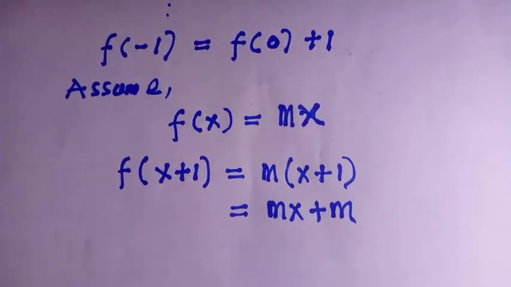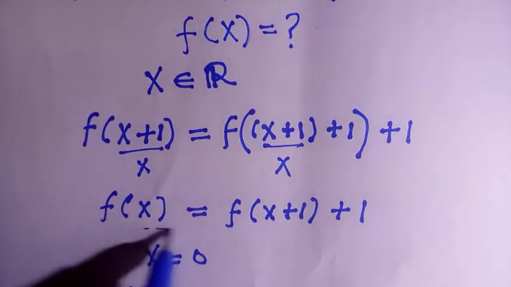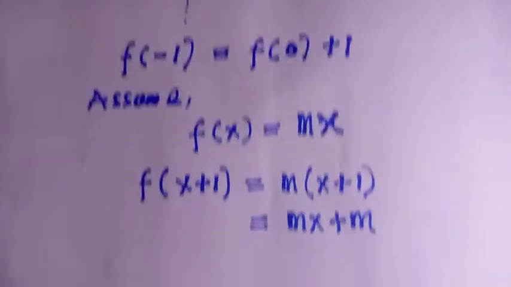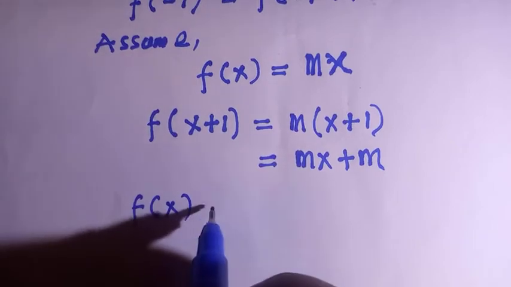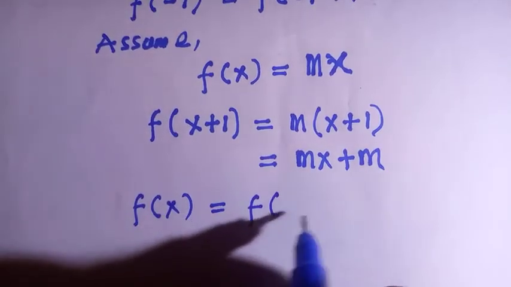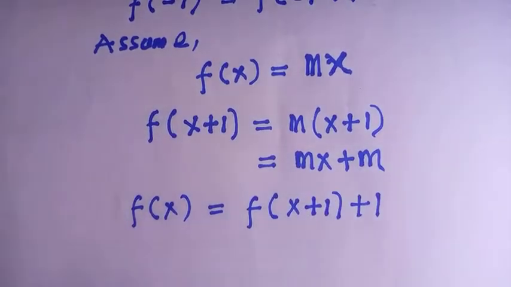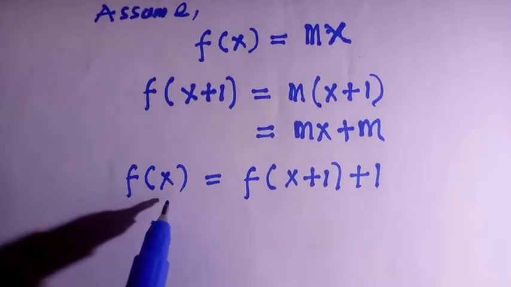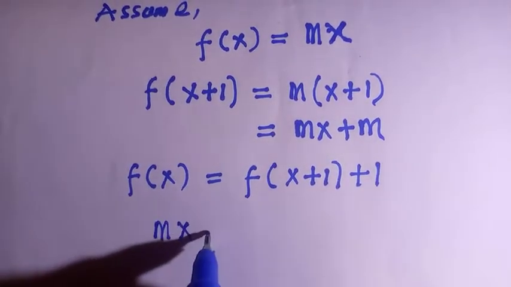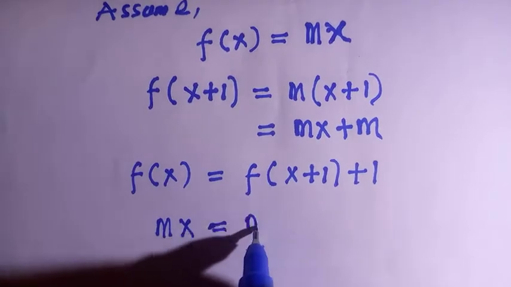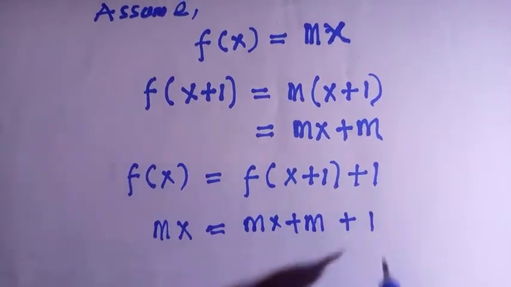So let's combine these two from the line that we derived. If I combine these two as f of x equals f of x plus 1 then plus 1, and we know that f of x from the assumption is mx, we have mx equals, since f of x plus 1 is mx plus m, then plus 1.